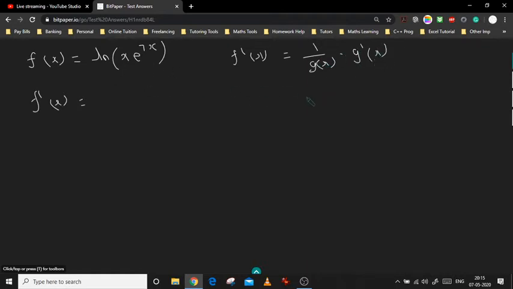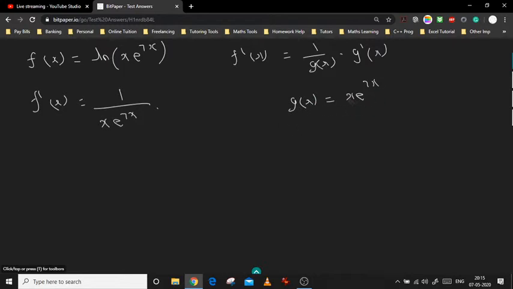We are able to identify g of x is equal to x e power 7x. So therefore f dash of x is equal to 1 by x e power 7x, times the differentiation of g of x.